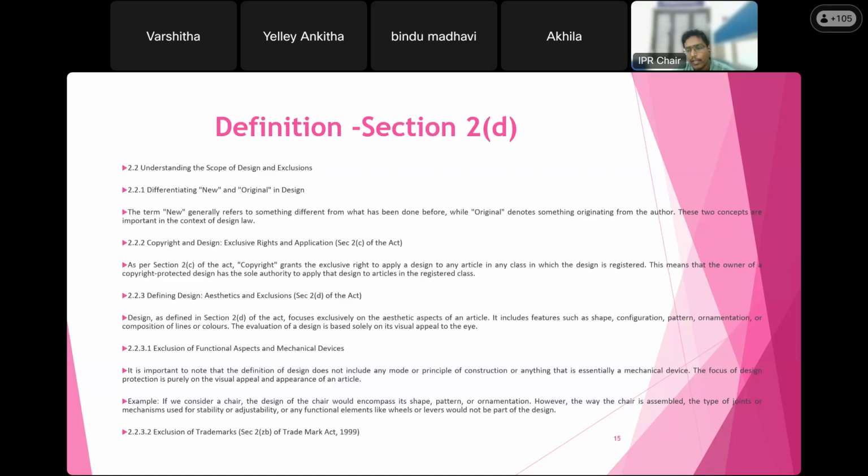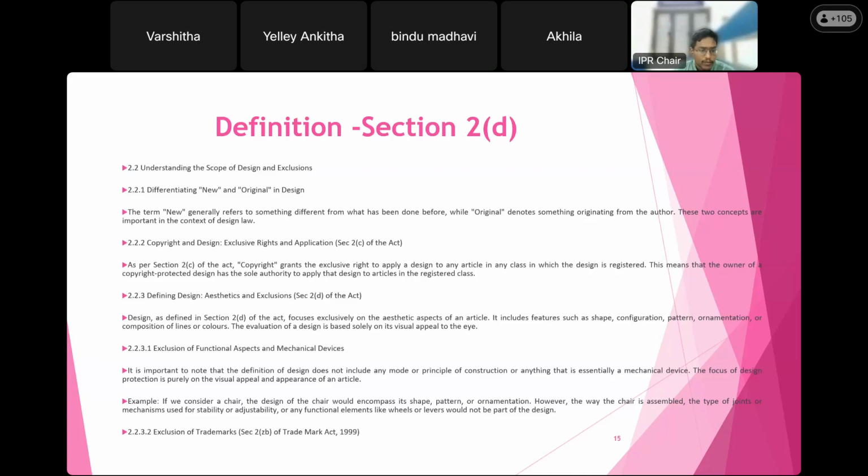However, the way the chair is assembled, the type of joints or mechanism used for stability or adjustability, or any functional elements like wheels or levers would not be part of the design. If you take a chair, only shape, pattern, or ornamentation is protectable. The functional aspects of the chair you cannot protect using the design.